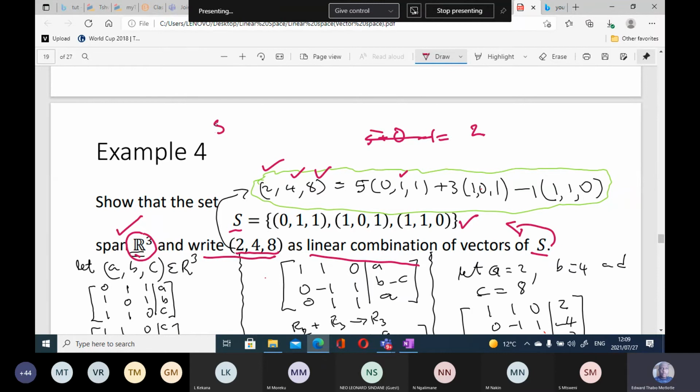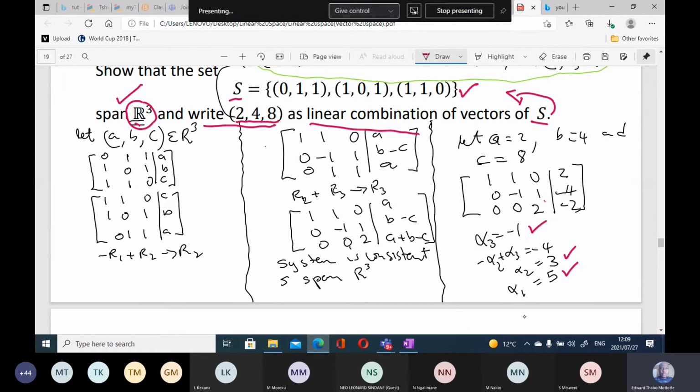Actually, it's a basis, but let me not go there, because it will confuse me. They are theorems, and I must respect the theorems we have to discuss.